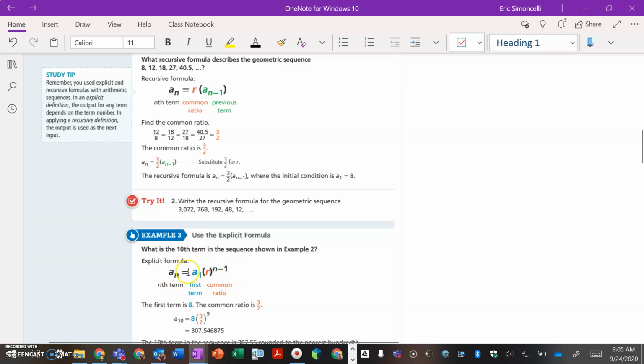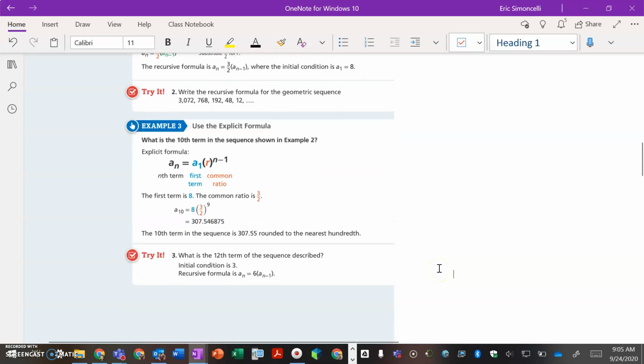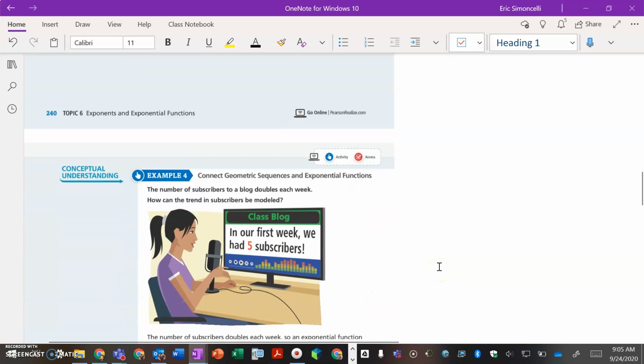I can plug in 8, I can plug in 3/2, and I can plug in 100, giving us 99. You can test this on your calculator later, but 8 times 3/2 raised to the 99th power is the 100th term. And I wouldn't play around with the recursive rule to find the 100th term in this geometric sequence. And again, it is geometric because there's a common ratio.